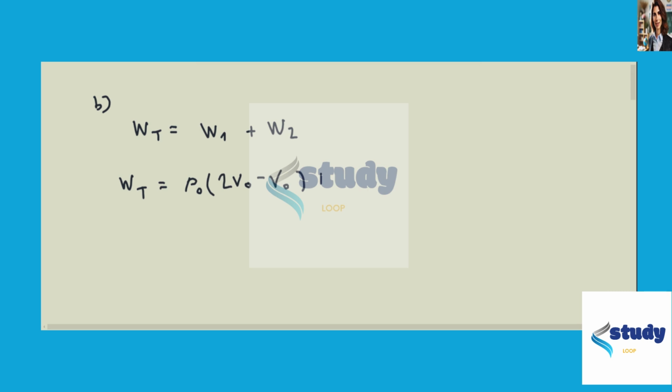And for the adiabatic process, from the textbook, we know that the formula for the work done is CV over R times the initial pressure times initial volume, P0 2V0, minus P3, the pressure corresponding to the third point of the PV diagram, times the final volume, 4V0.